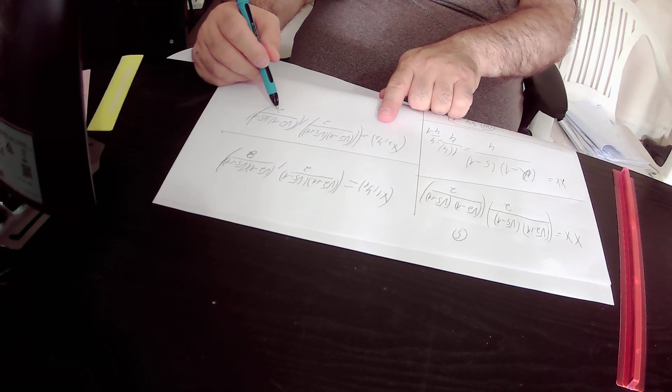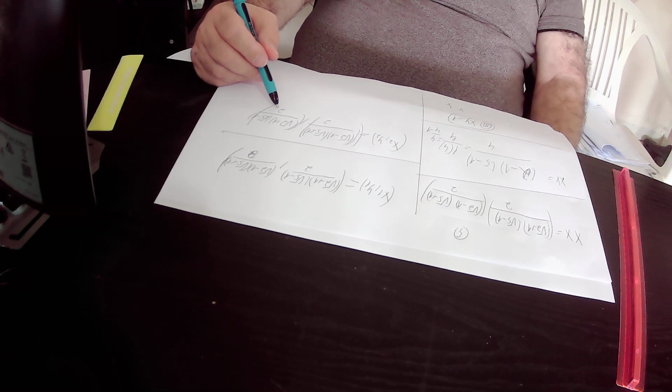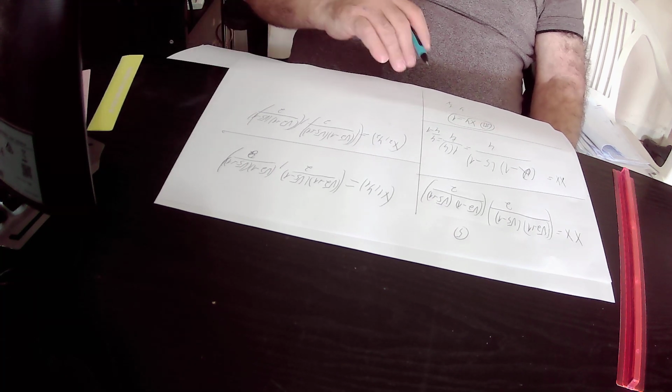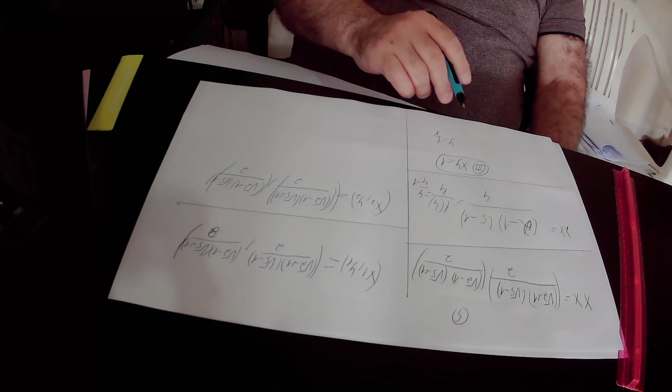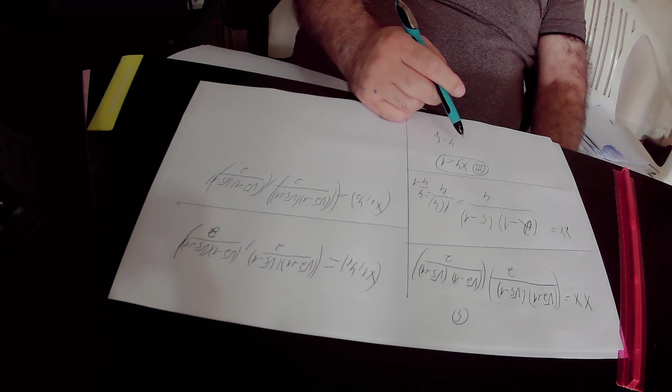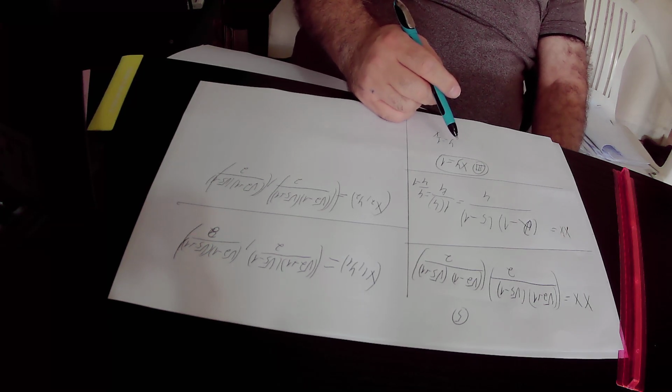Therefore, if we multiply x2 by y2, we will get 1, exactly as equation number 3 demands, that x times y must be equal to 1.